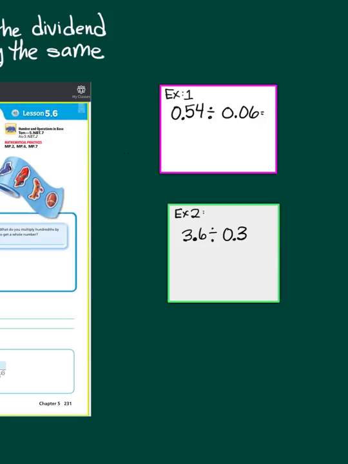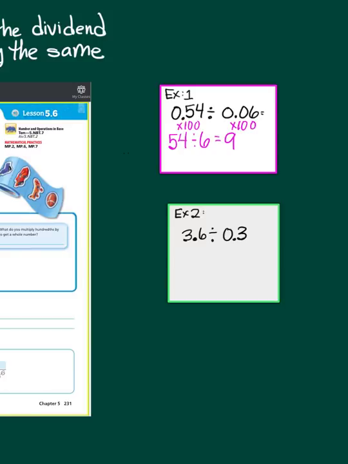So if we wanted to divide 0.54 by 0.06, those are hundredths. If I multiply each of those by 100, that would be 54 divided by 6, and I'm going to get 9.